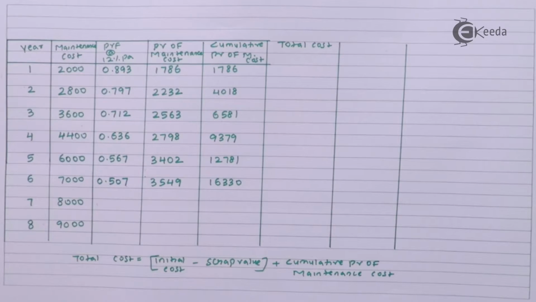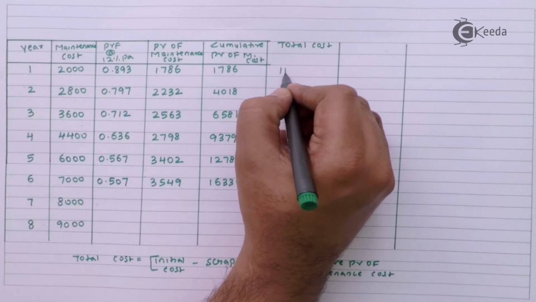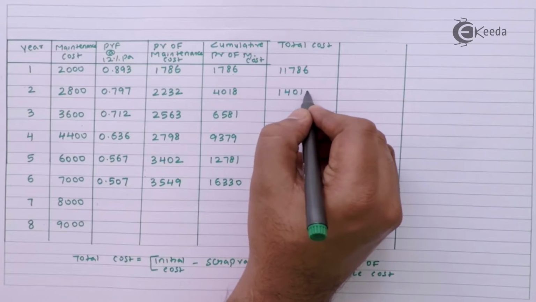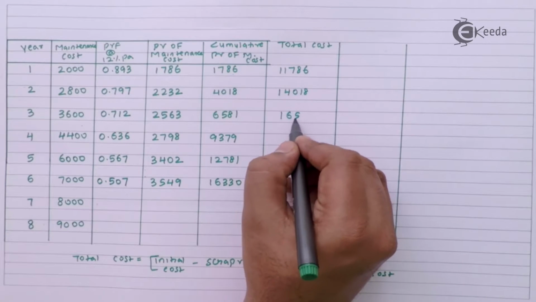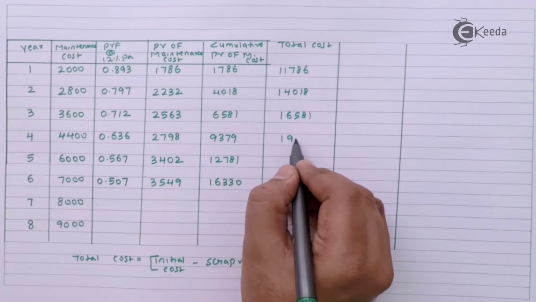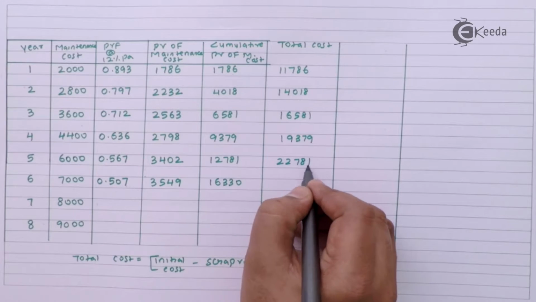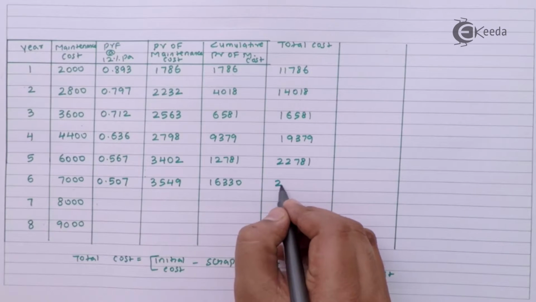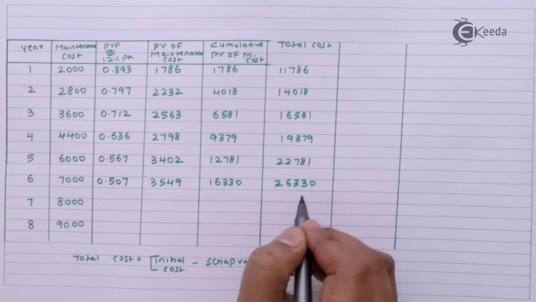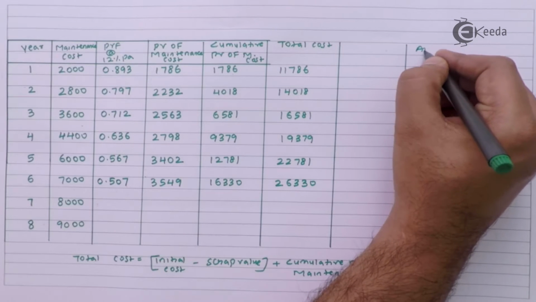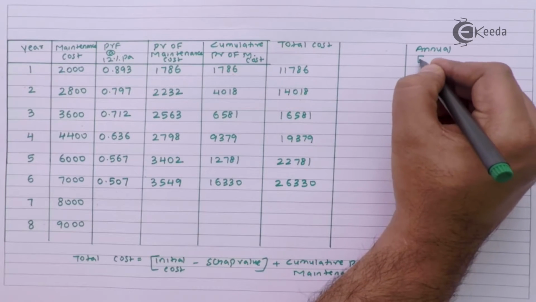So this comes to 1786 plus 10,000, 10,000 plus 4018, 10,000 plus 6581, 10,000 plus 9379, 10,000 plus 12,781, and 10,000 plus 16,330. So this is my total cost, and now I will find out the annual equivalent cost.